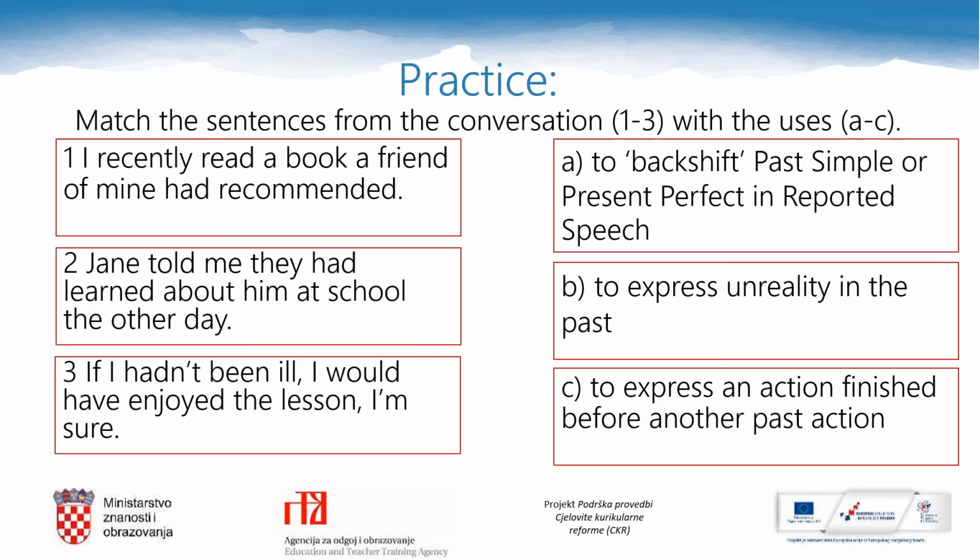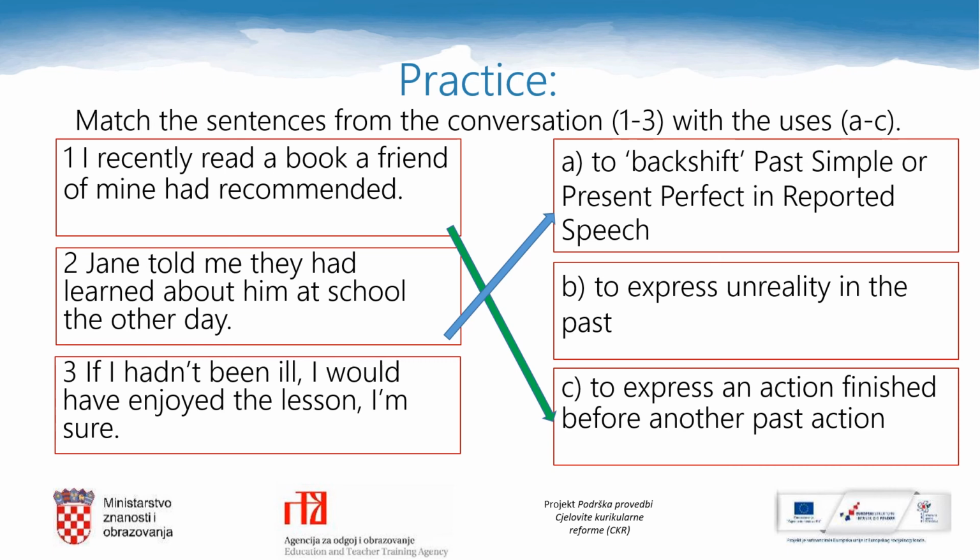Before we move on to our next and final task, please read these sentences and match them with their uses. So the pairs are 1 and C. I recently read a book a friend of mine had recommended. So past perfect is used to express an action finished before another past action. 2 and A. Jane told me they had learned about him at school the other day.